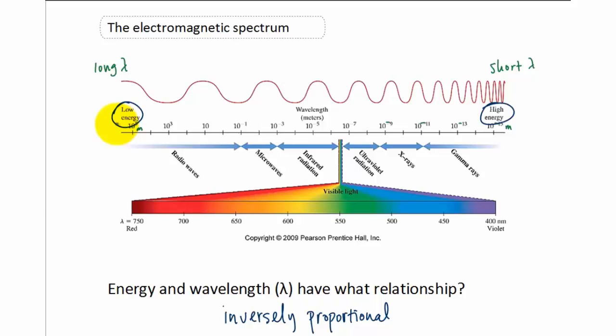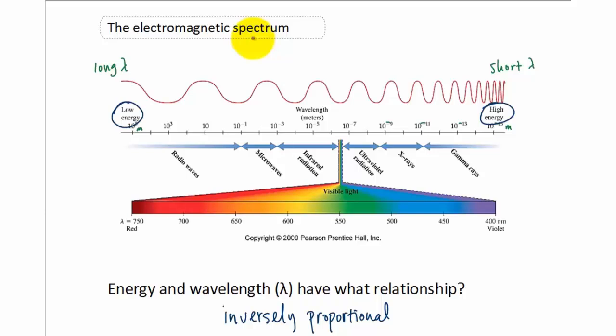And one way to think about that, because all of these are traveling at the speed of light, if you have very long waves, it will take a while before one wave makes it through a point and the next wave makes it through, and so on. Okay?